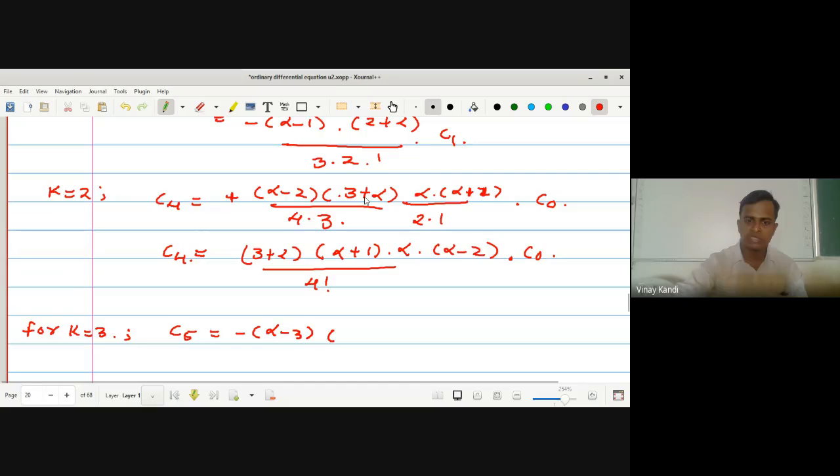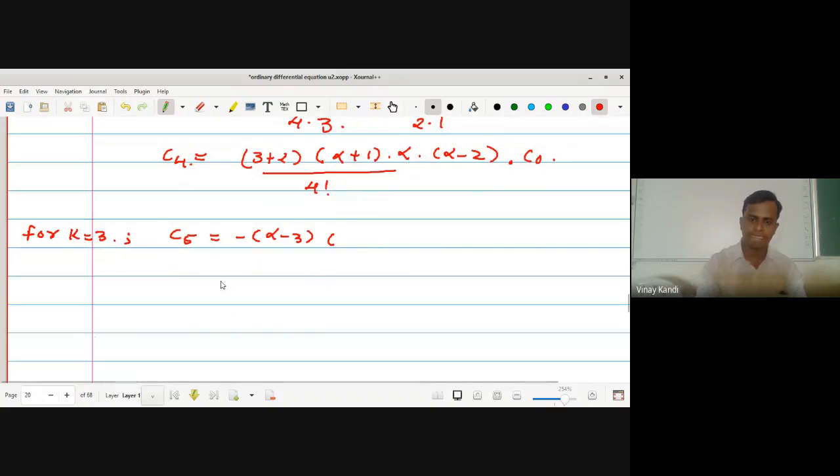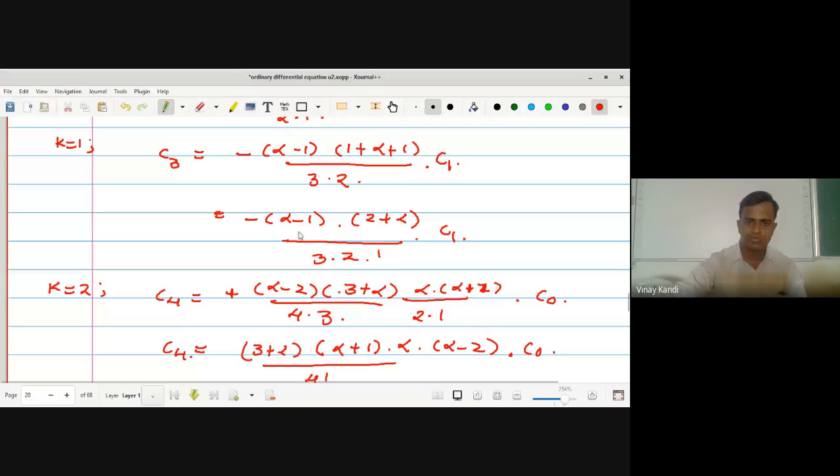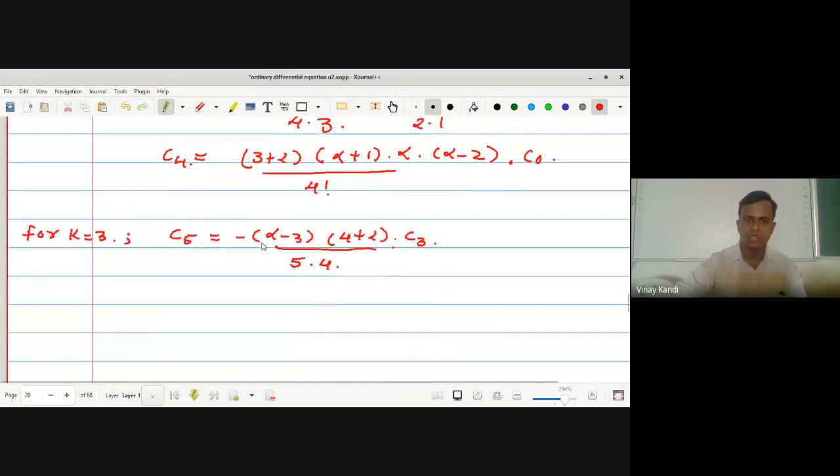Instead of 3 plus alpha is now 4 plus alpha, 4 plus alpha upon 5 into 4 into now C3 now. Okay, then what is the value of C3 now? Look at here. This one is this minus and this minus came now plus. Okay, so this is alpha minus 3, 4 plus alpha.